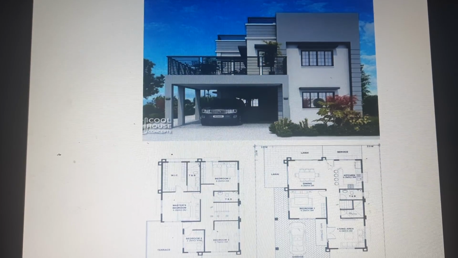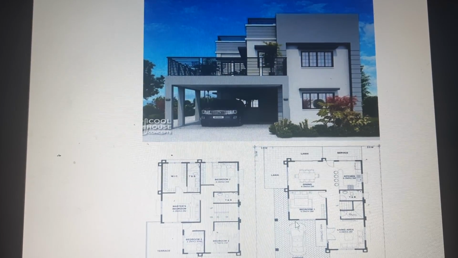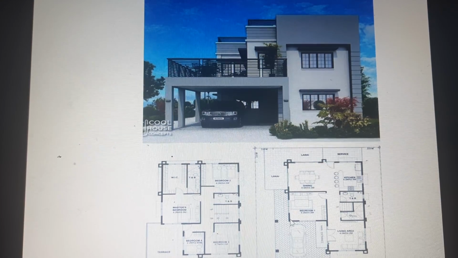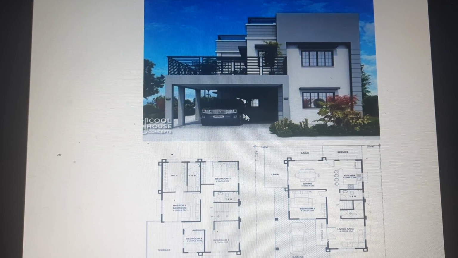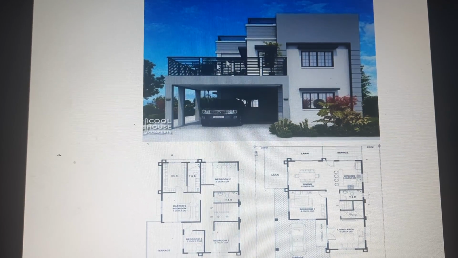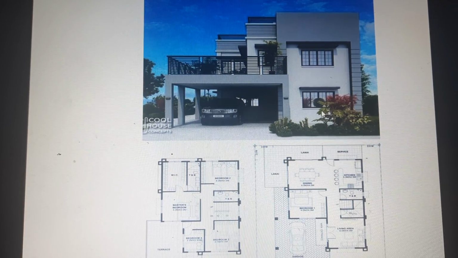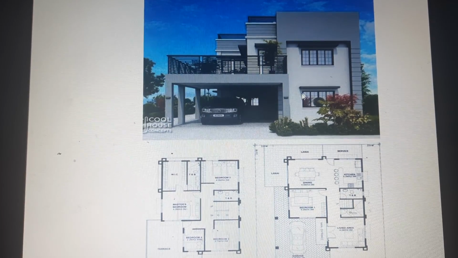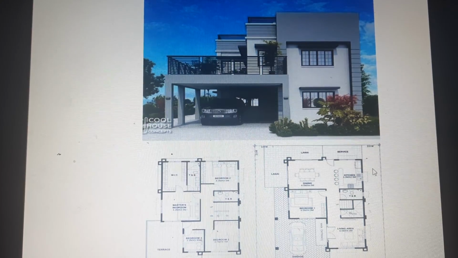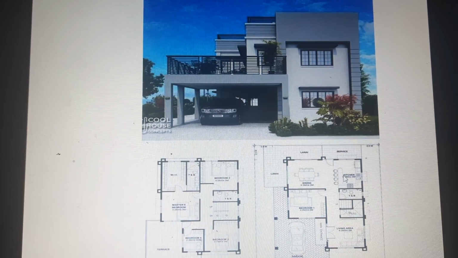No. The requirements should be put on a blueprint, right? This is the original house you want, the way it should be. To construct this house, whatever requirements are there, they are put on paper first.